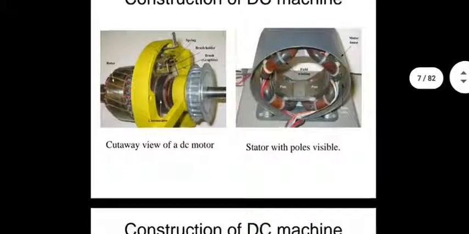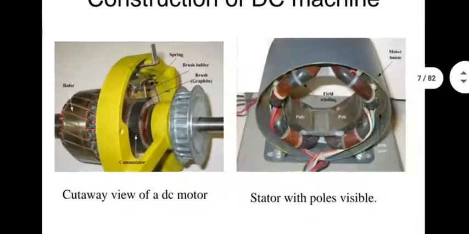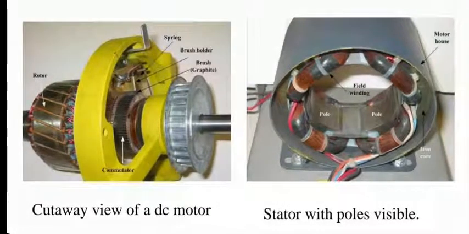This is the construction in detail as far as the DC machine goes. A typical DC machine looks like this when opened up. The outermost part is the largest one, which is called the stator, inside of which is used to mount the magnetic poles.